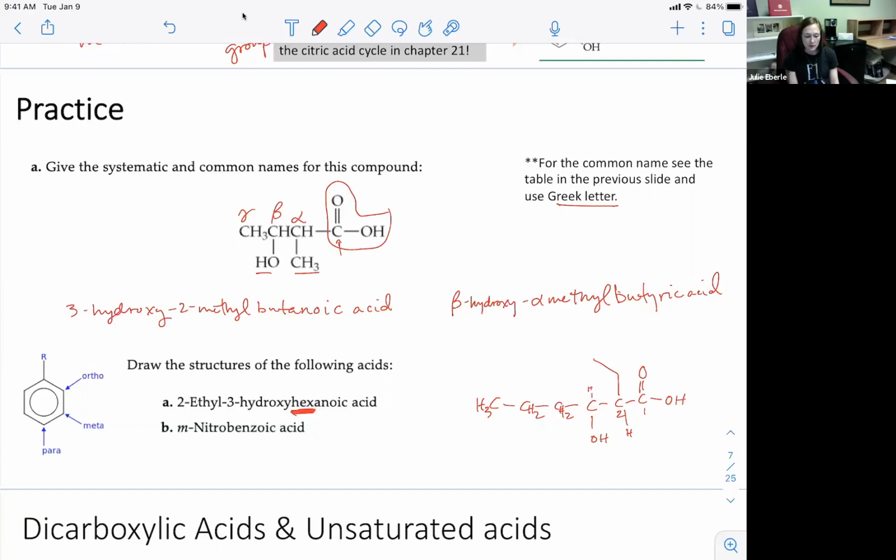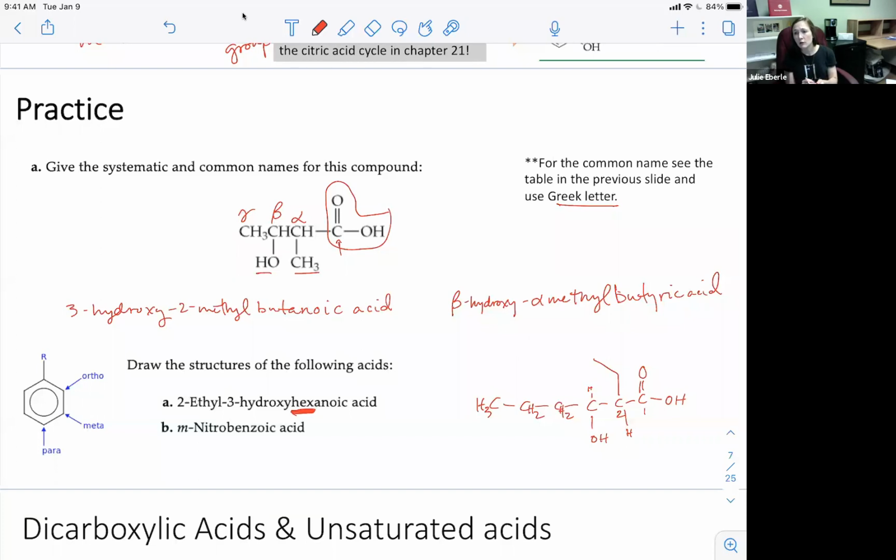And I will say too, I saw this some on the homeworks, and I know you see me do it, and so on the homework it's fine for me, but on an exam, if you're going to draw a structure out, I want you to draw the entire thing accurately. So if you're going to do the line structure, commit to a line structure. Don't draw the hydrogens in. Draw it as an accurate line structure.